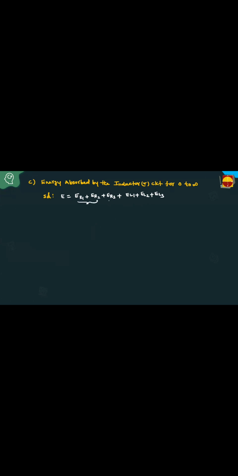Then ER3 is infinity, but EL1 is 100 joules, which you already know, and the others are 0. Anything plus infinity is infinite joules. So the energy absorbed by the circuit or inductor is infinite joules, because the resistor is present. Up to infinity means infinite joules.